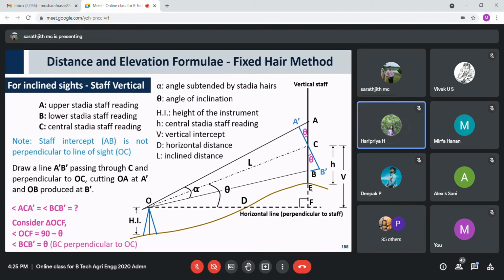And this angle F is 90 degrees because this is perpendicular to the horizontal line. So angle F is 90. So what would be angle C then in that triangle OCF? Angle C is equal to 180, which is the sum of the interior angles of a triangle, minus 90, the perpendicular angle F, plus theta, which is angle O. Is that clear?